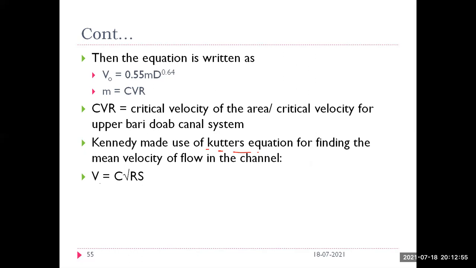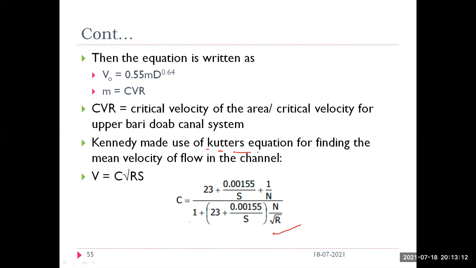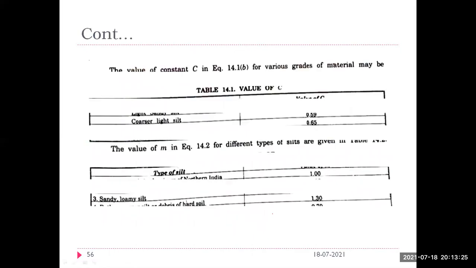We already know V is equal to C root RS, where R is the hydraulic mean depth, S is the bed slope, and C is Kutter's constant, which is given by C is equal to 23 plus 0.00155 by S plus 1 by n, divided by 1 plus 23 plus 0.00155 by S into n by root R. This is Kutter's equation, which we use to calculate the mean velocity.